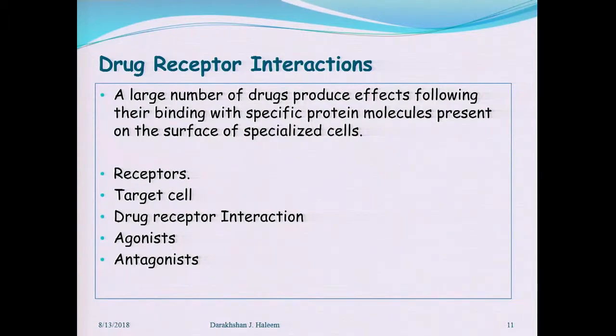The signal transmission system is involved with agonists, whereas not with antagonists. Agonists bind with the receptor sites and activate the receptor so that it can bind with and activate the transducer system. While antagonists occupy the receptor site but are unable to activate the transducer system. So they don't produce a response.